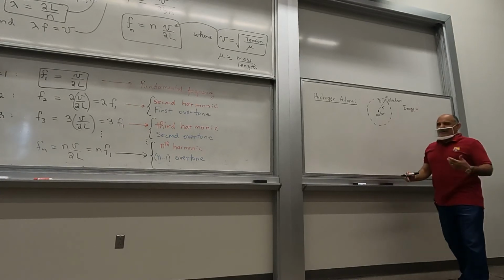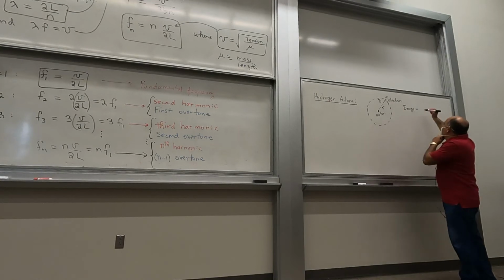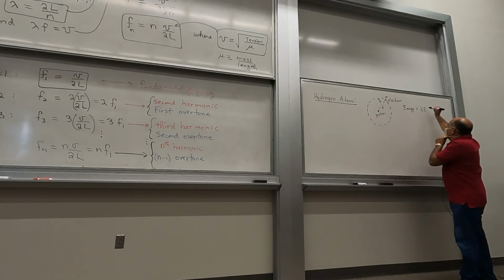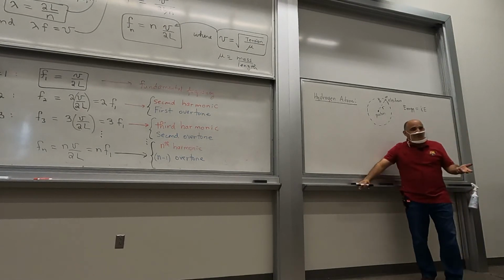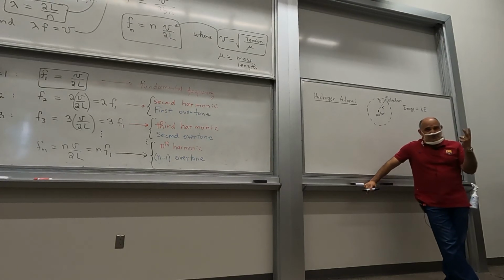You don't call it mechanical energy, because yes, this thing has kinetic energy. The electron has kinetic energy as it goes around the proton, right? It's moving, so it's got kinetic energy. But the electron is also interacting with the proton, right? By way of two forces. They both have mass, so they both exert gravitational forces on one another.